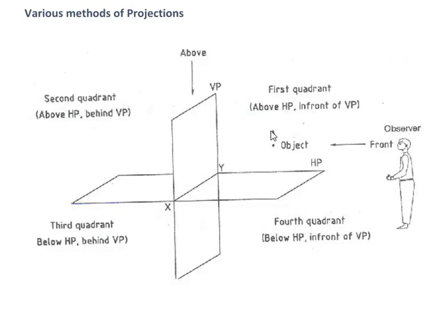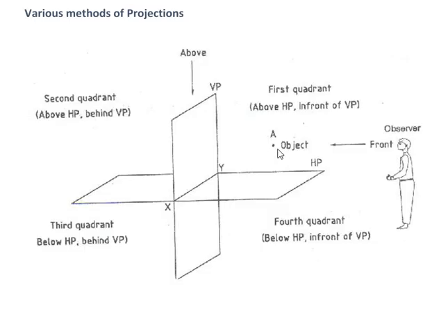For example, object A, which is placed in the first quadrant, this is the observer. The observer sees this object. The observer's projection is always perpendicular to the plane of projection. This is the plane over there, and the shape of the object is projected. In orthographic views, our projection is always perpendicular to the plane of projections.